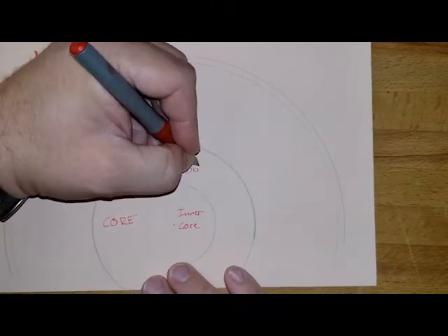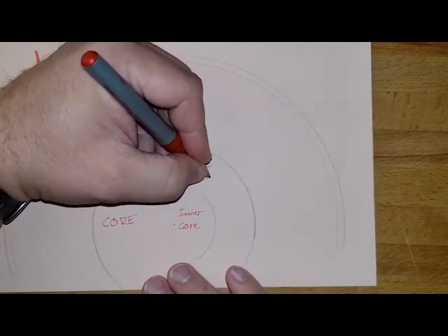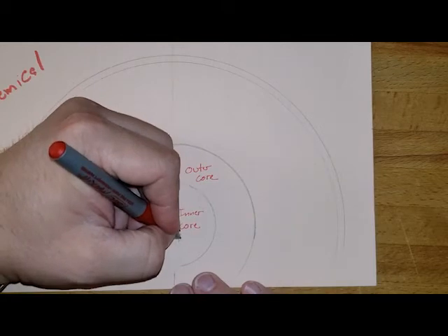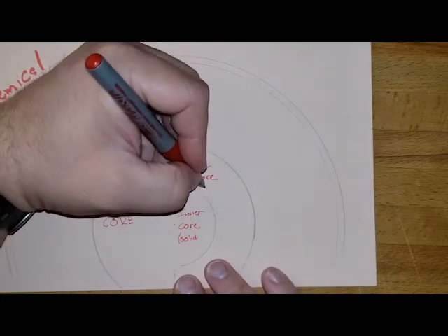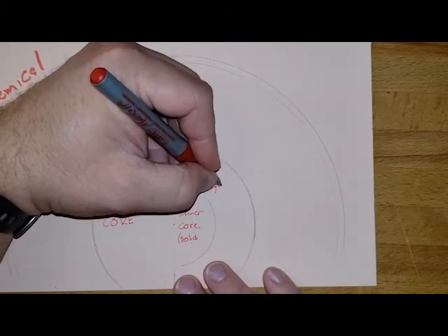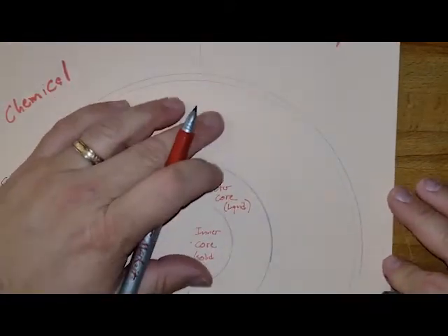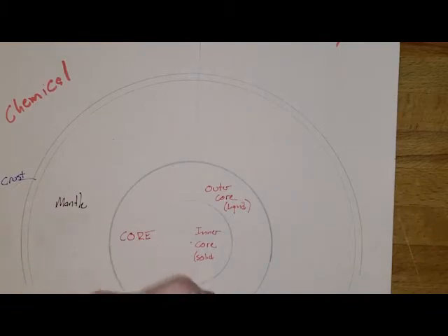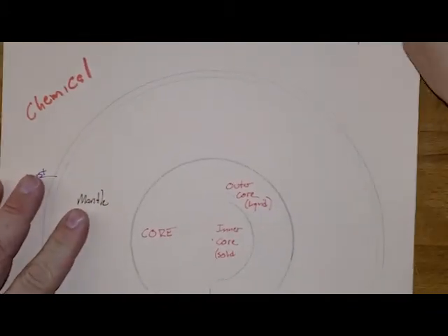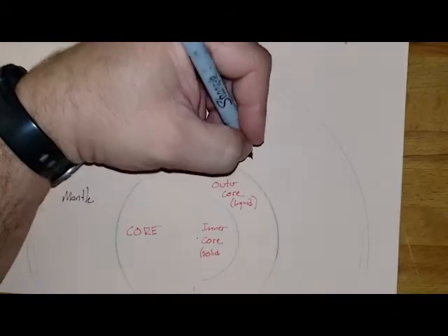The inner core is going to be a solid. The outer core is going to be liquid because it's so hot and there's so much pressure there. Now the mantle, sure, we're going to have our mantle just like we had over with our chemical. We haven't changed the name of that.